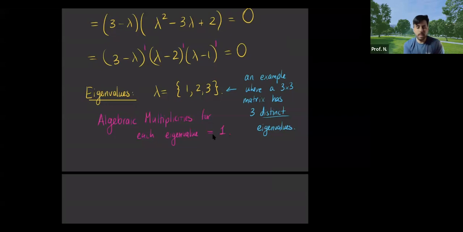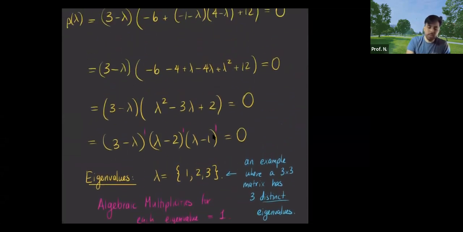Why do you have that immediately? Well, because they're distinct, that means they all repeat only once. So your characteristic polynomial is factored into, in this case, 3 distinct factors, and each only repeats once. So the eigenvectors are going to be 1 from each.